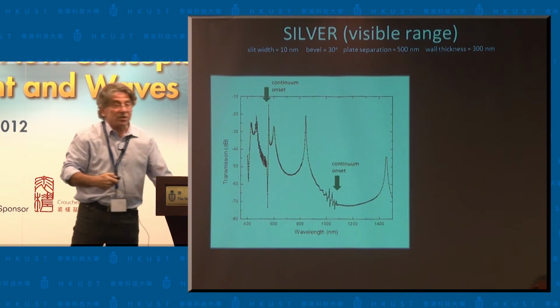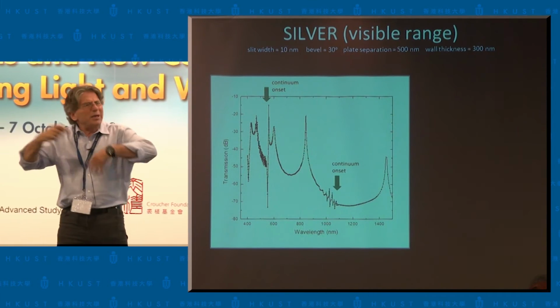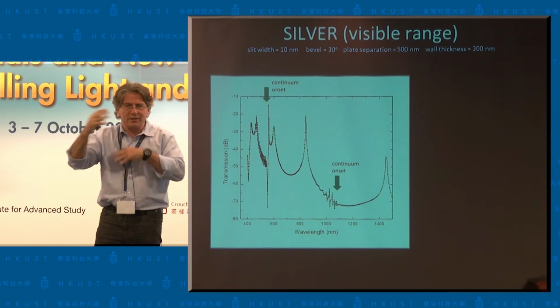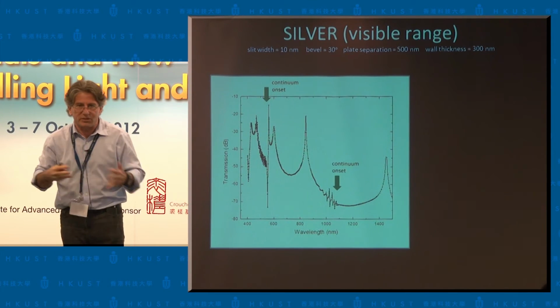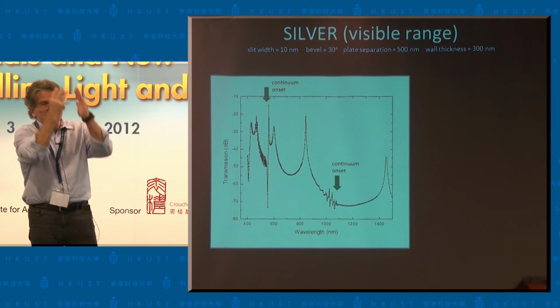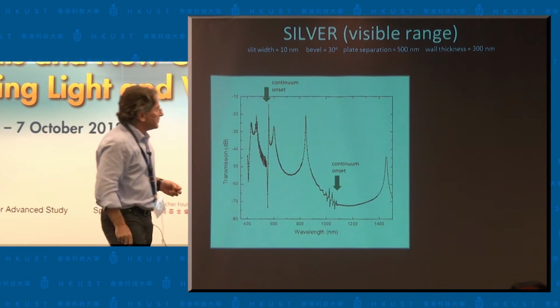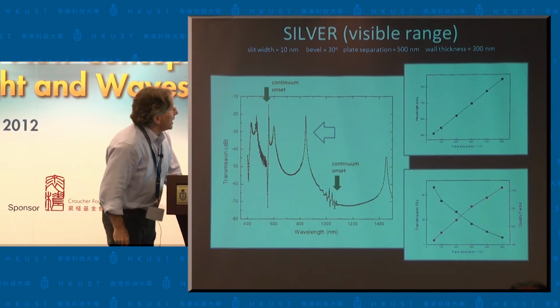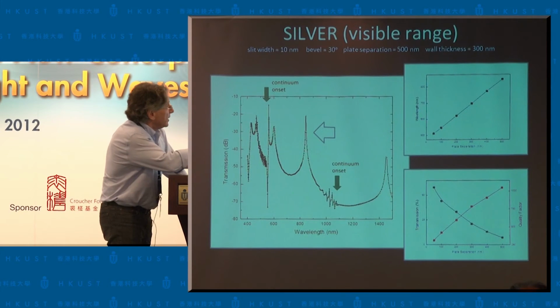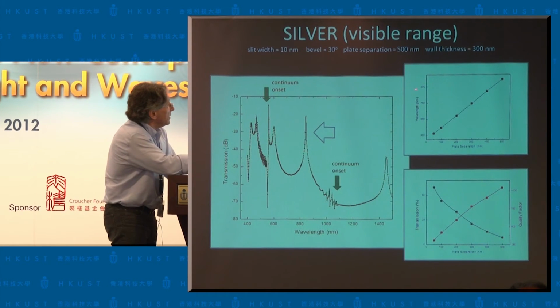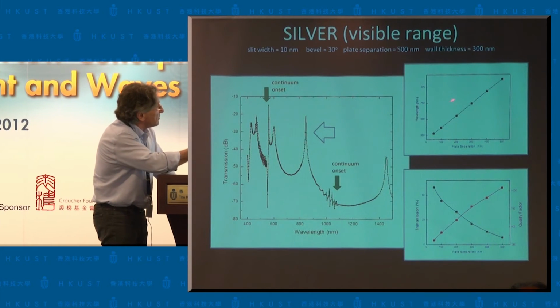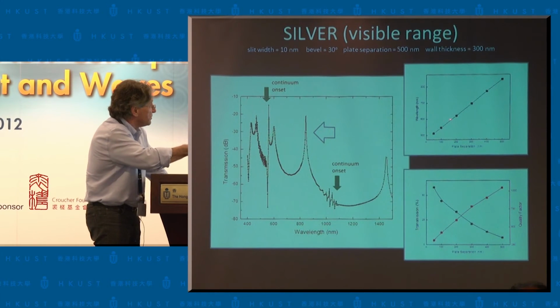And these are 2 continuum onsets. And you can play all kind of games. You can change the bevel. Things change. There are many parameters that you can use and vary. Peaks get sharper, broader, all kind of things. And what do I have there? The wavelength as a function of phase separation of the resonance. But this is more or less what you expect.